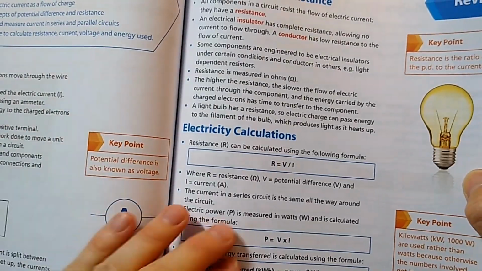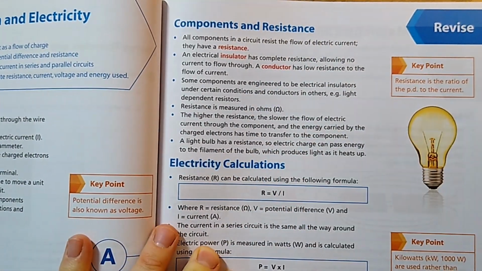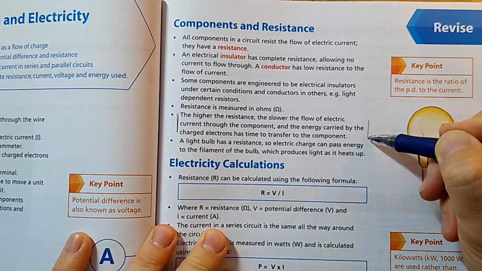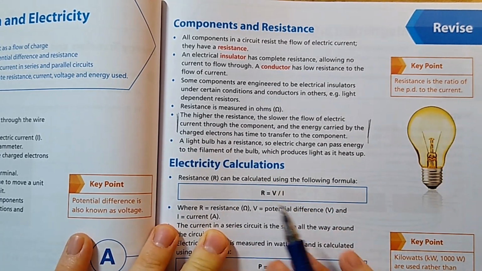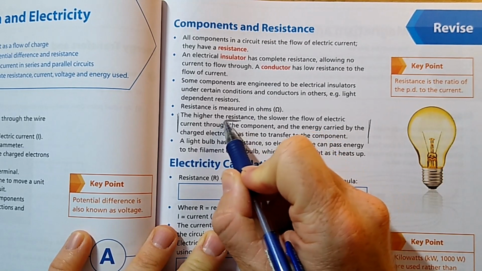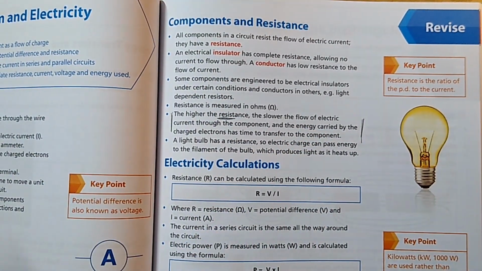So just a few key things then to say about components and resistance. This is really the key bit here. If you have more resistance, you will have less current. That's the key thing. And actually the clue is in this word resist. Let's say you're stood at a door and there's a flow of people coming in.